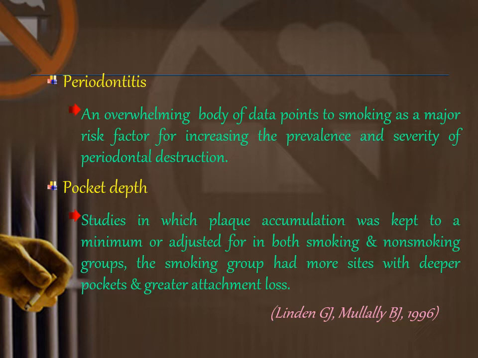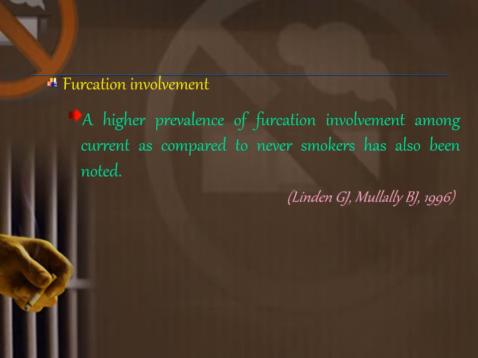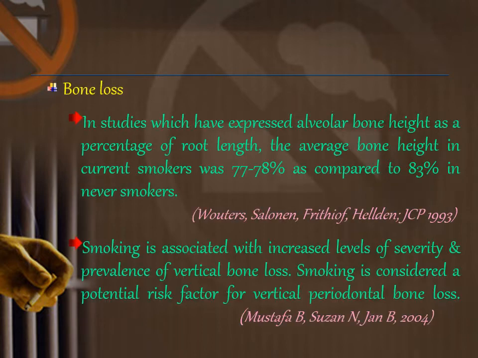In studies in which plaque accumulation was kept to a minimum or adjusted for in both smoking and non-smoking groups, the smoking group had more sites with deeper pockets and greater attachment loss. This was concluded by Linden and Mullally. Furcation involvement: a higher prevalence of furcation involvement among current smokers as compared to never smokers has also been noted.